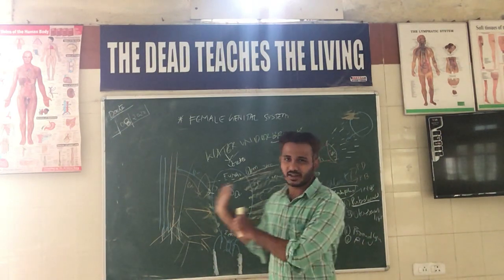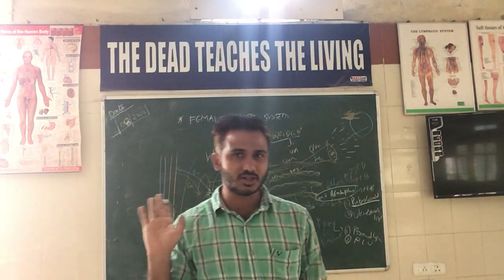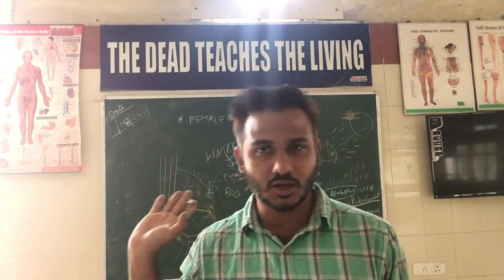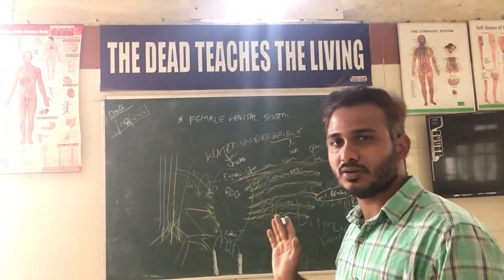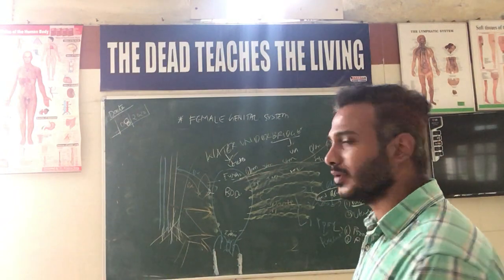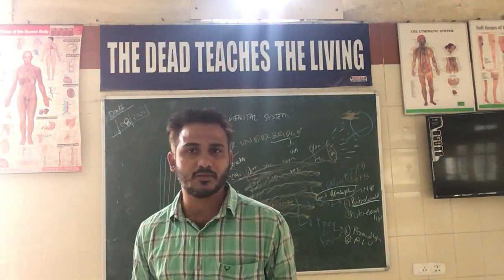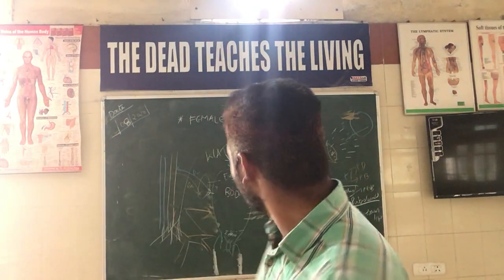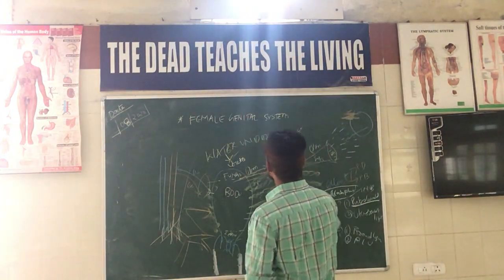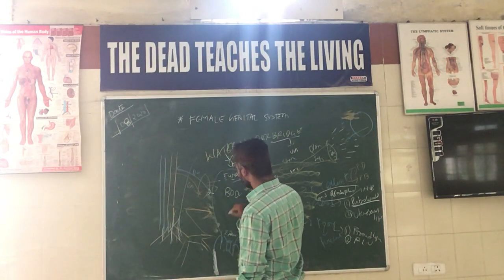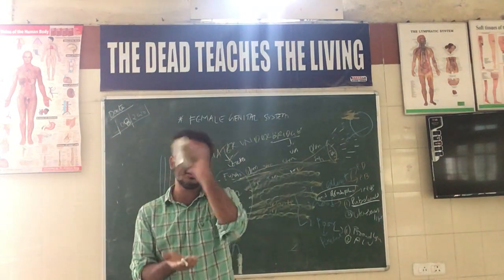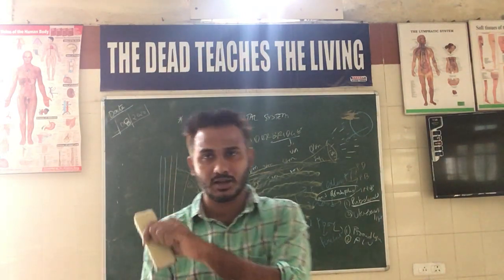In any surgery which involves removal of the uterus, we call it hysterectomy. While doing this hysterectomy, we need to ligate the uterine artery to remove the uterus. The ureter lies exactly beneath the uterine artery.